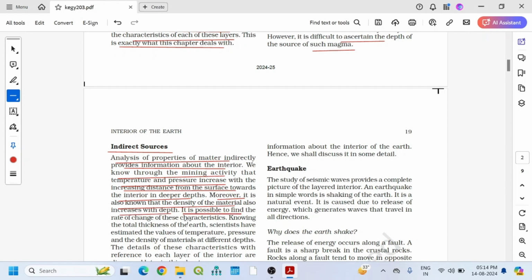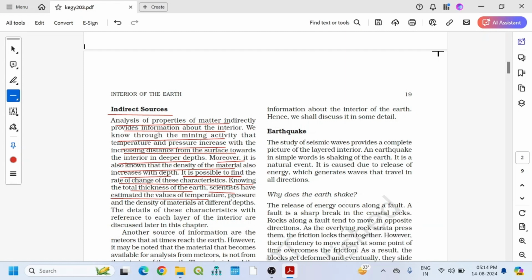It is possible to find the rate of change of these characteristics. Knowing the total thickness of the earth, scientists have estimated the values of temperature, pressure, and the density of materials at different depths. The details of these characteristics with reference to each layer of the interior are discussed later in this chapter.